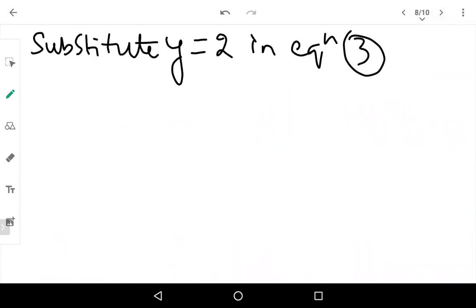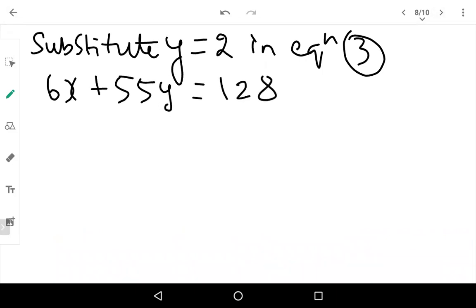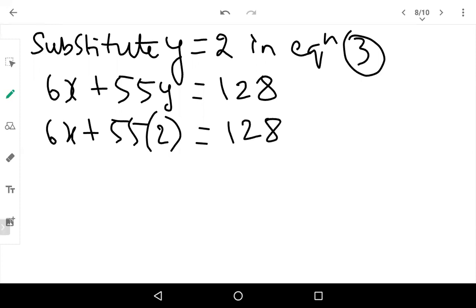So 6x plus 55 into 2 is equal to 128. In the place of y, I have substituted 2. So 6x is equal to 55 into 2 will give you 110, is equal to 128.